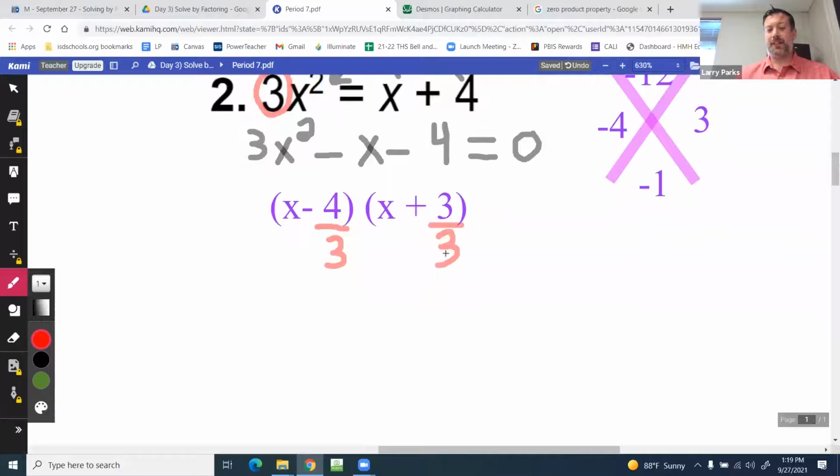And then if it reduces, like here, 3 over 3 makes 1. So this becomes just x plus 1. But over here, 4/3 doesn't reduce. So I need to take that 3 and slide it to the front. So I get 3x minus 4.